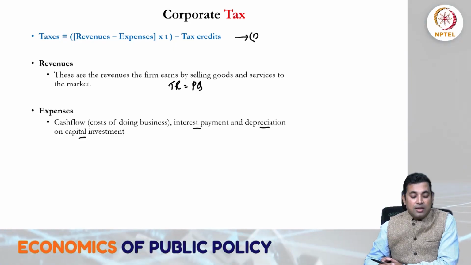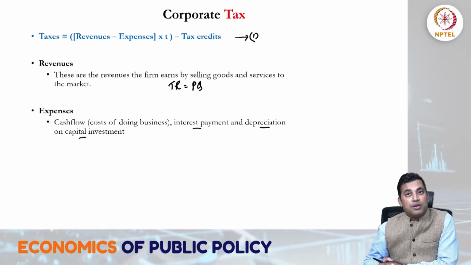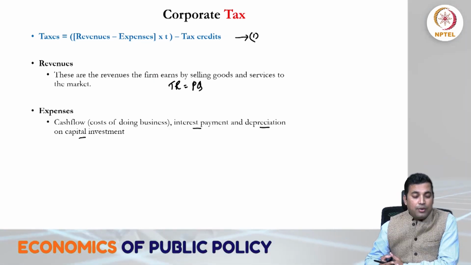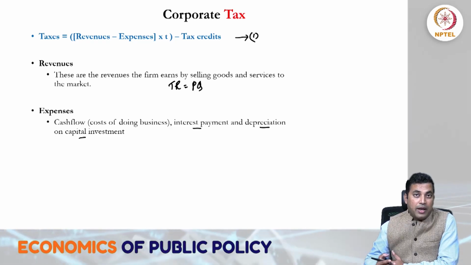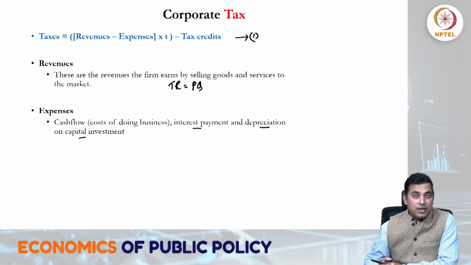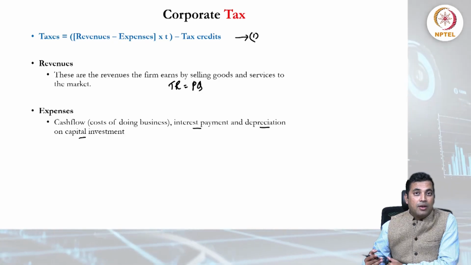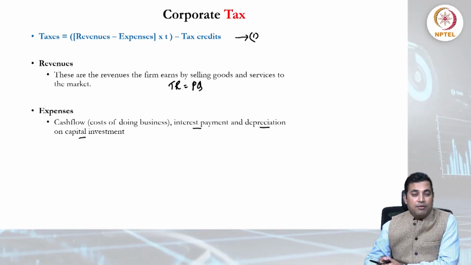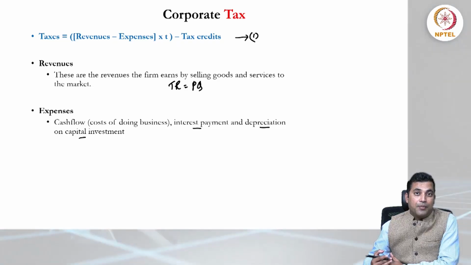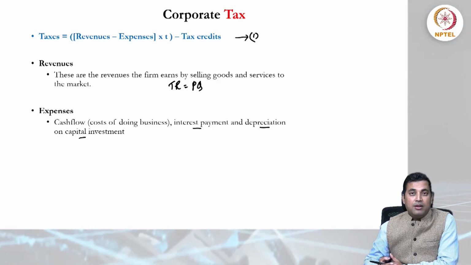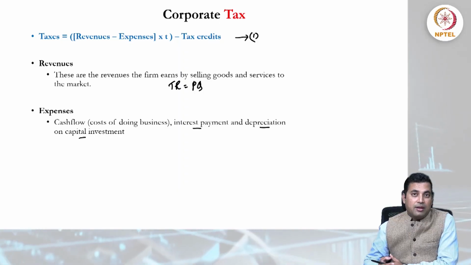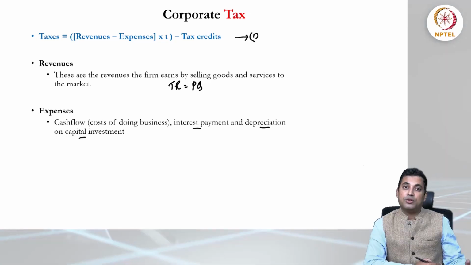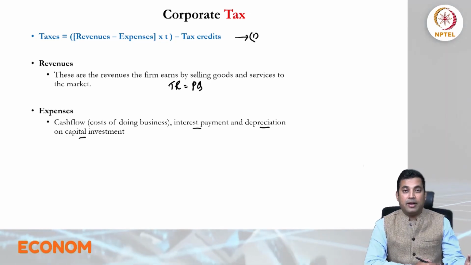So for any corporation or business, total expenses have 3 components. One is simple cash flow, like the cost of raw materials or recurring costs, like maintaining the laborers and their wages. Then the interest payment, if the company or corporation borrows money from the bank. And for the capital investment, there is depreciation that also needs to be counted in the expenses.